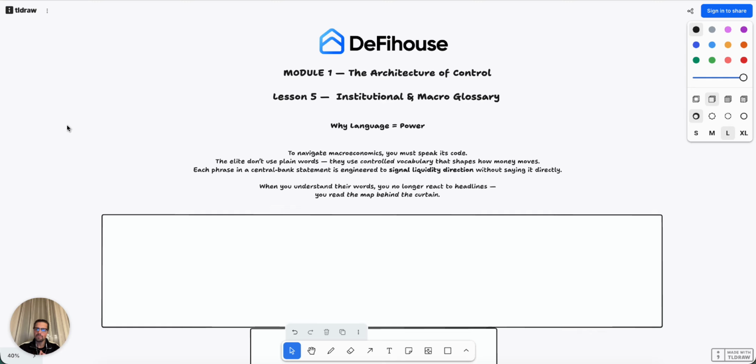Okay? Why do you think all the government officials, central bank officials, etc., when they do the press release, always have a speech written for them? It's not because it's formal, it's because they have to say what they have to say in a very specific manner.